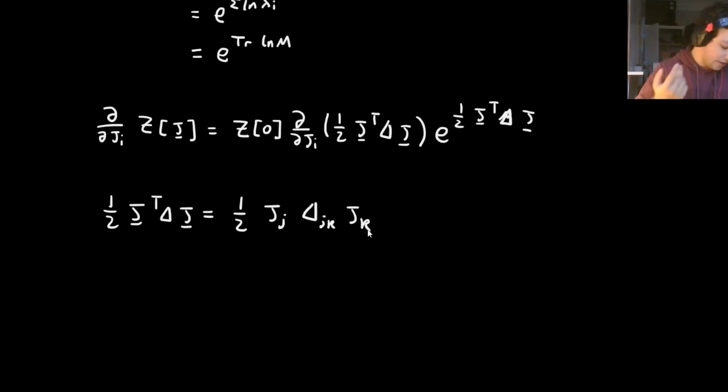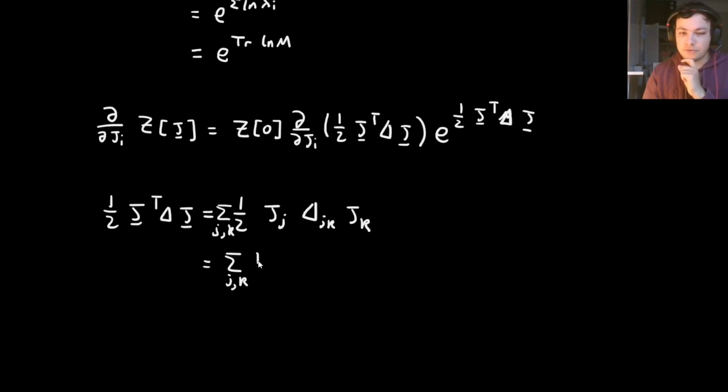Usually, not always, there will be cases where we're not doing that later. But for now, just as shorthand, so this is sum over j, sum over k. And so when we differentiate that, we can put the sum in here. Why not? Sum over jk.